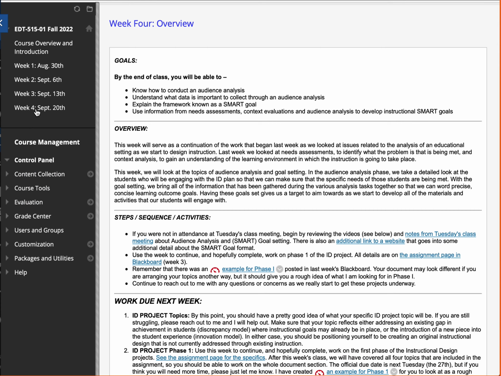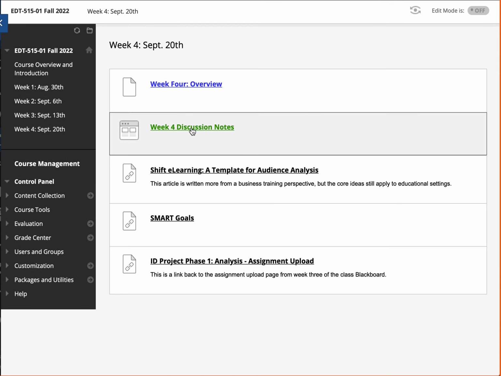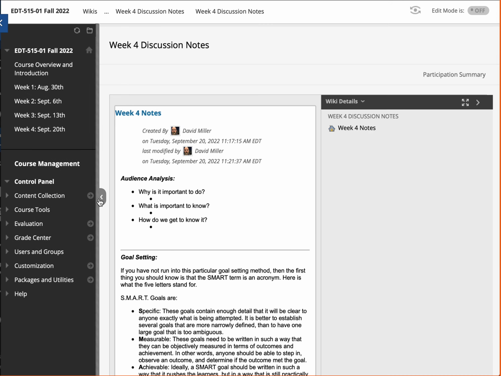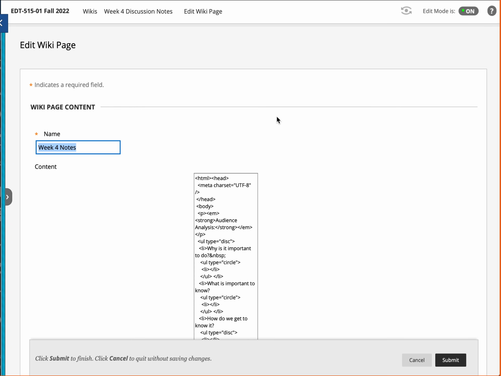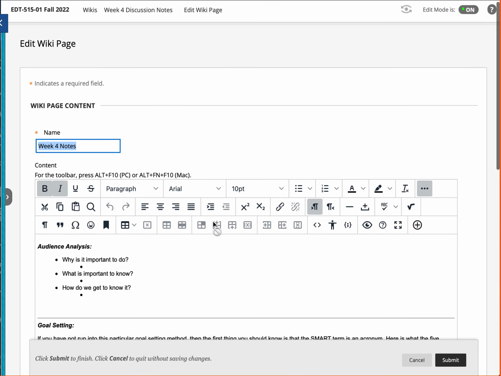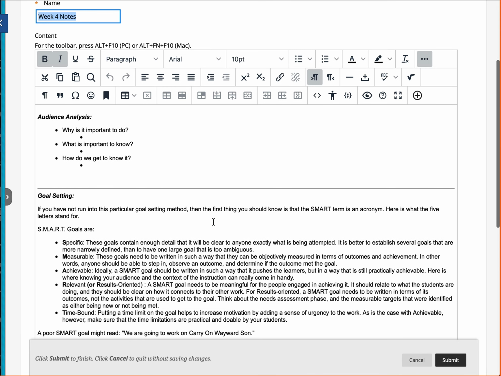So let me jump over then to our discussion notes, give ourselves a little more room here, get into where we can add some notes to the page. So yeah, the first topic for tonight, and I thought we could just treat this kind of like an open discussion, is to talk about the audience analysis piece of the analysis phase, and specifically why is it important to do an audience analysis?